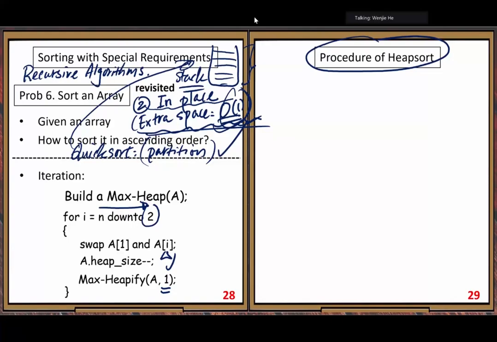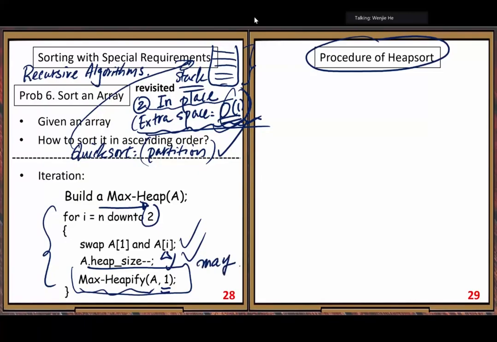Look at here. For loop and max heapify. This for loop has no recursion. Swap, these two lines, no recursion. But max heapify may contain recursion.